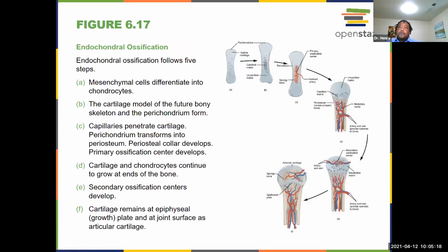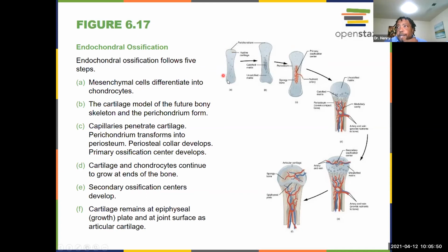Okay, so for the endochondral ossification, so the inner parts of the bone, essentially. That occurs in 5 steps. So we have the mesenchymal cells differentiate into chondrocytes.